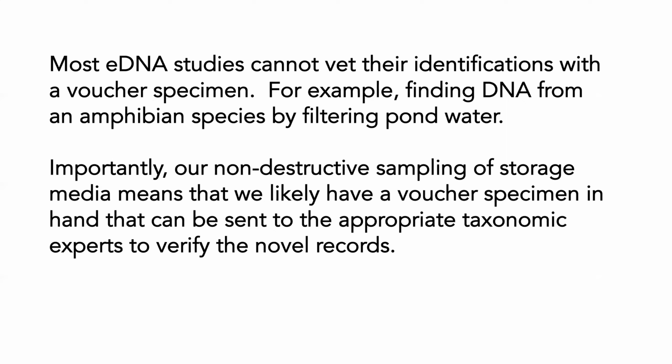But unless they make additional collections, they can't voucher the identification from the DNA with a voucher specimen. The sampling that we do, and it's helpful that we do non-destructive sampling, means that if that non-native species is in the sample, we're able to get it to the appropriate taxonomic experts and set off the alarms that there are more non-native species out there than we know about.